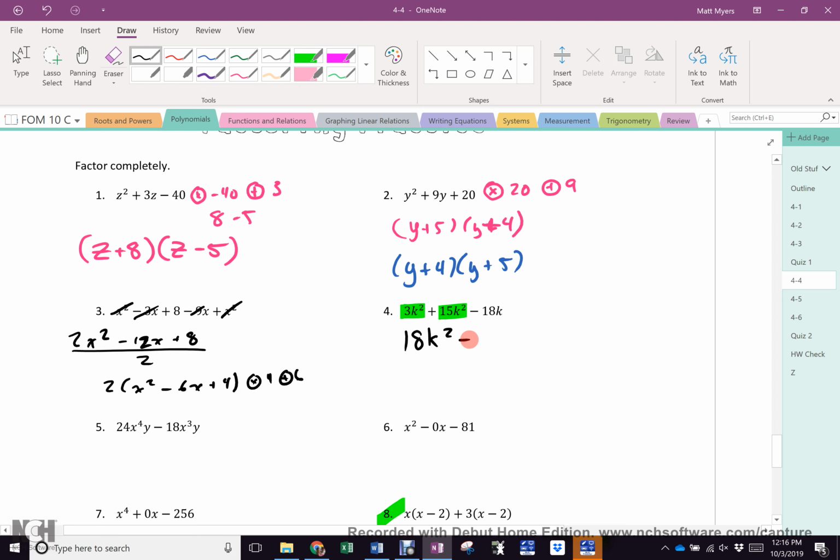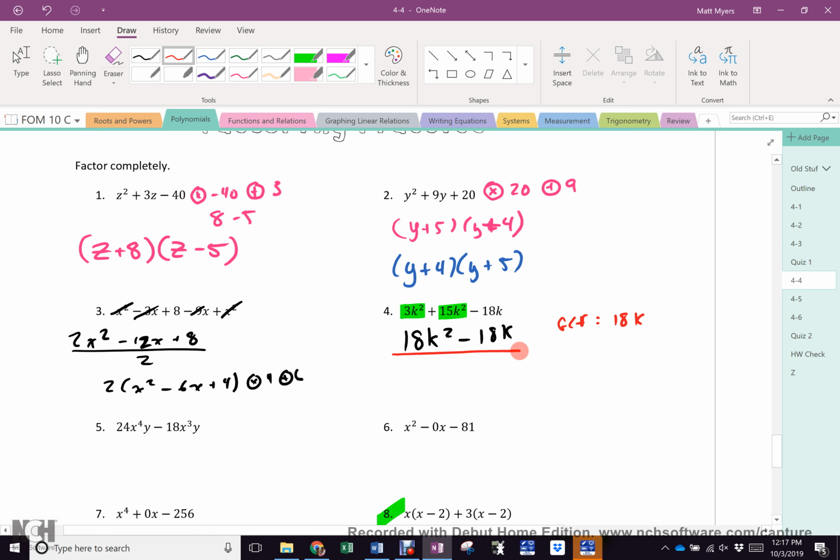18k squared minus 18k. Now, it says right there 18k. And it says right there 18k squareds. Now, of course, the GCF here is 18, 2 Ks and 1 K, so 18k.